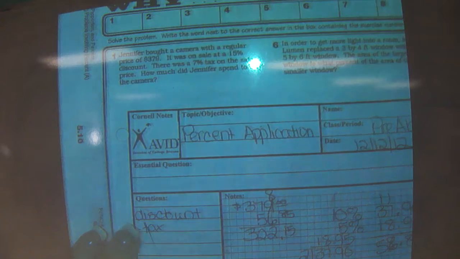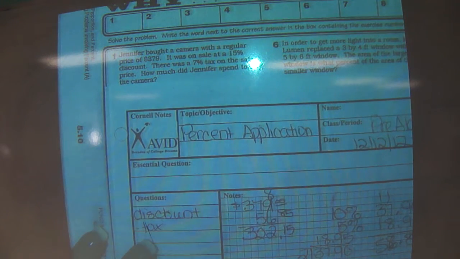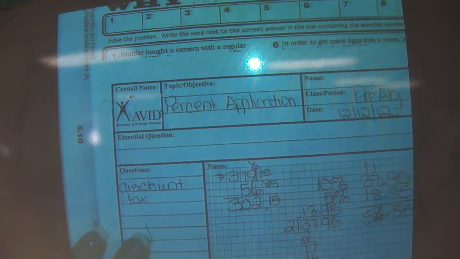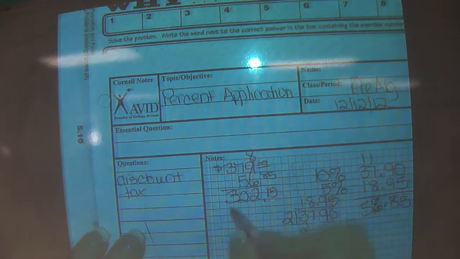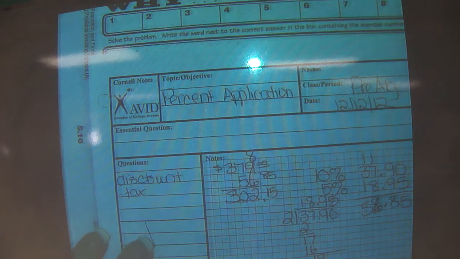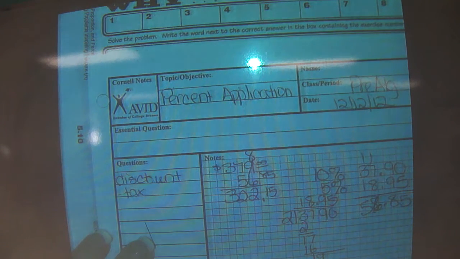And then there's 7% tax on the sale price. Well, we already know 5%. No, we don't. We knew 5% on 322.15. Can we figure out 1%? Yeah, you could divide that by 5.